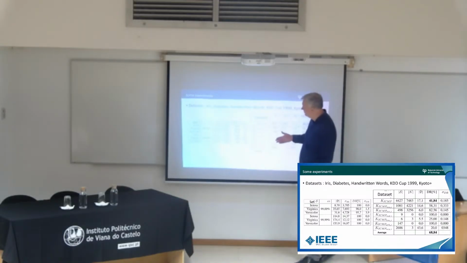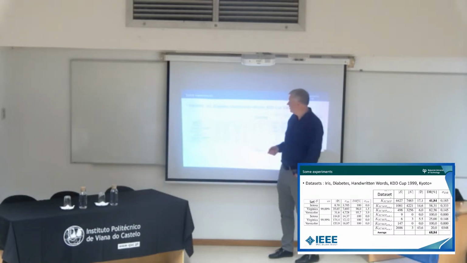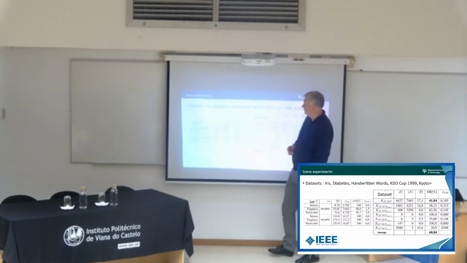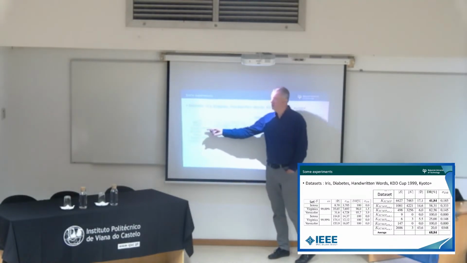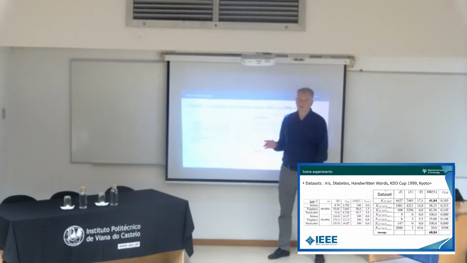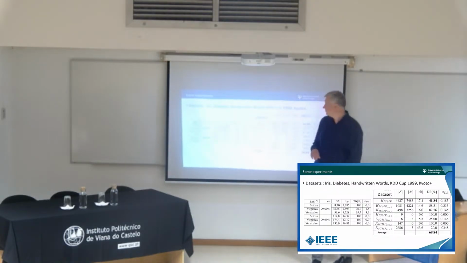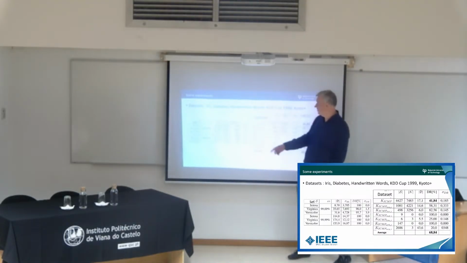And this is the result for the IRIS data sets, and when we have the estimated coverage of about 99%, as you can see, almost all IRIS flowers were correctly classified.